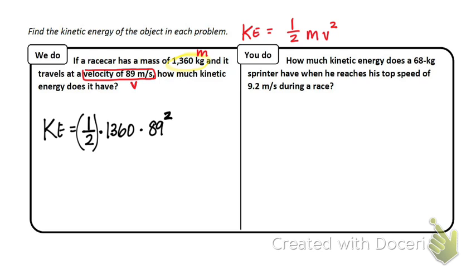Then you can hit times 1,360 times 89, and there should be an x squared on the side. Right above the LOG button. And then if you hit enter, that should do all of that in one go for you.